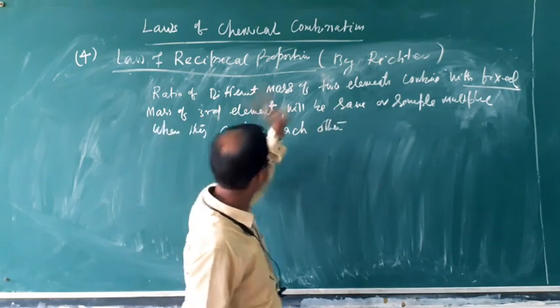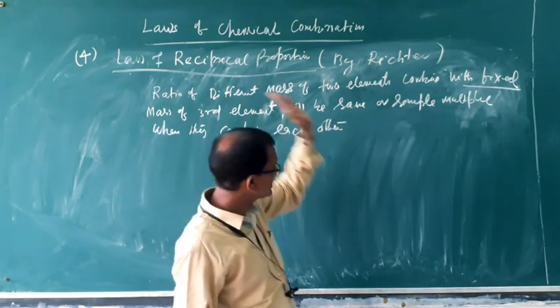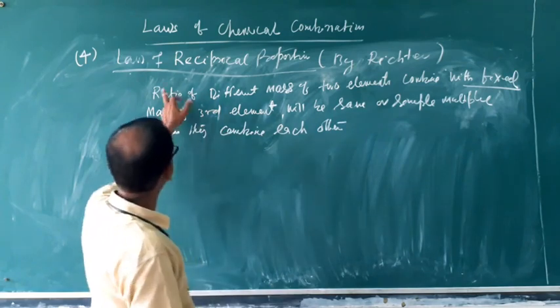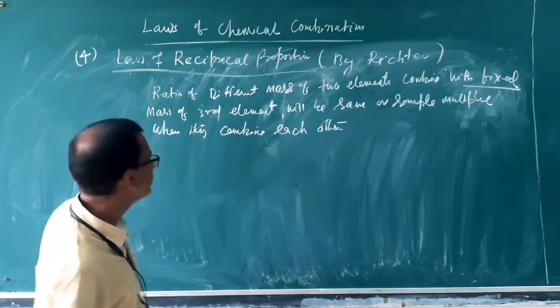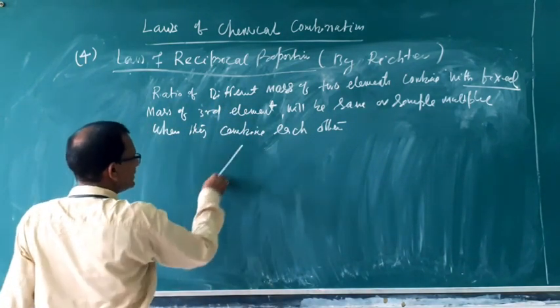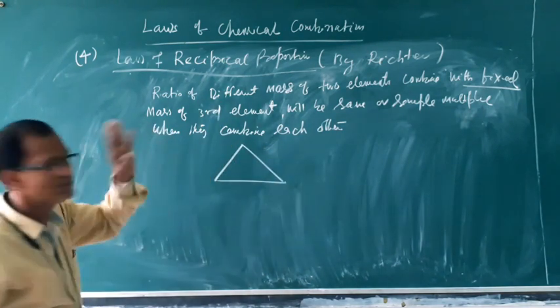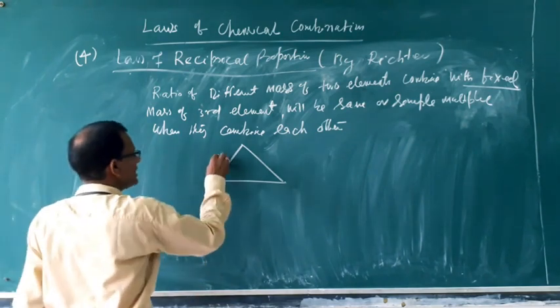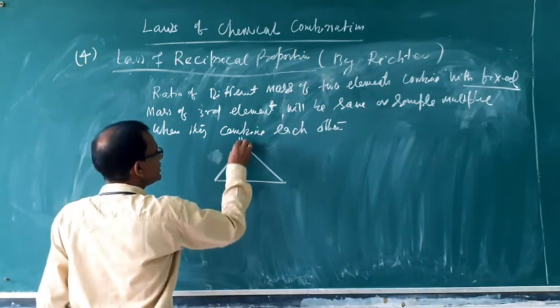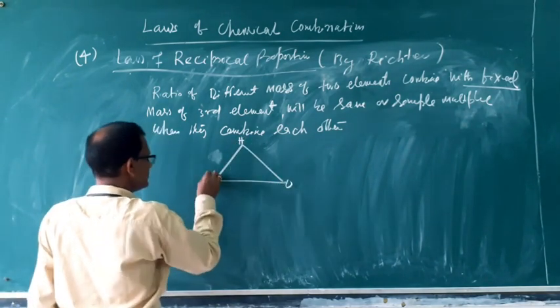Then this ratio will be the same or a simple multiple when these two elements combine with each other. For example, you take three elements: hydrogen, oxygen, and sulfur.